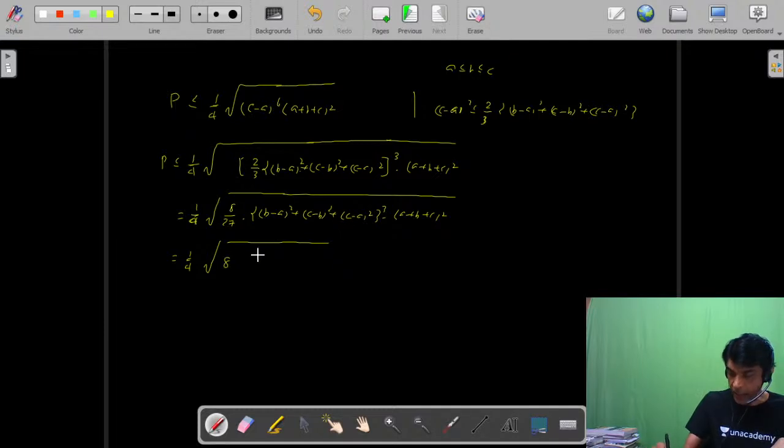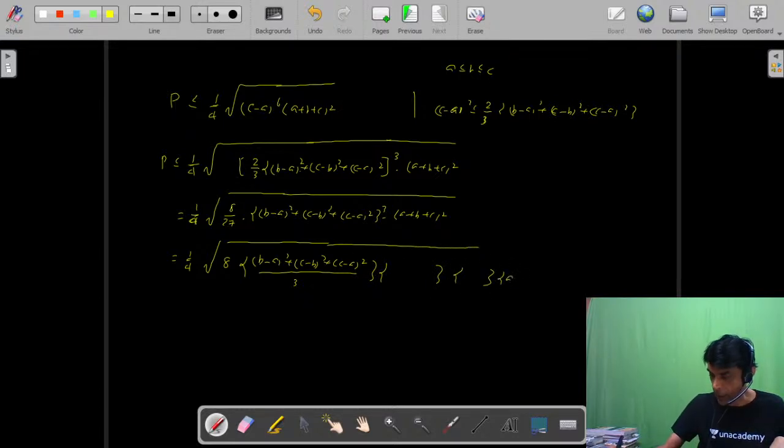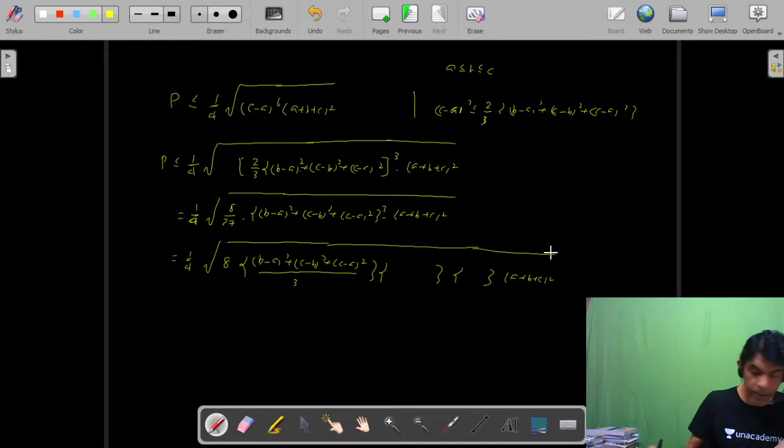So I write 8 here, and it's like (b minus a) squared plus (c minus b) squared plus (c minus a) squared over 3, and let me write it spread like this one. So it's like same thing, (a plus b plus c) whole. If you look closely, this means (a plus b plus c) whole squared.